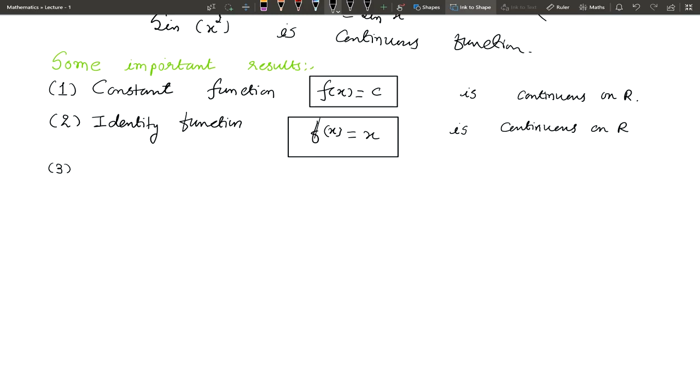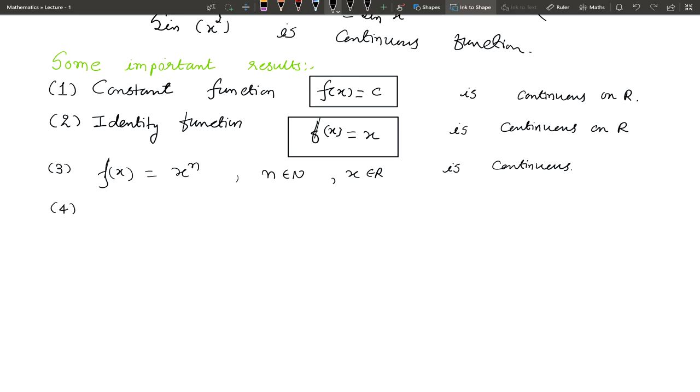Third important result, f of x equal to x raised to n, where n belongs to N, x belongs to R, is continuous. Third result, f of x equal to x raised to n is continuous.